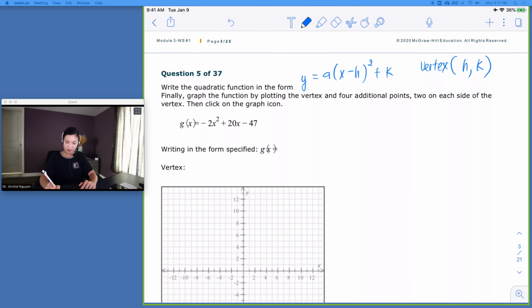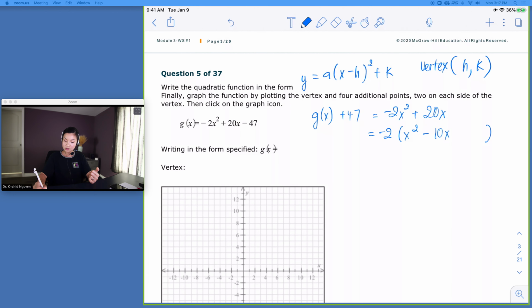Hopefully I have the room. So first I'm going to subtract, I'm sorry, I'm going to add 47. Negative 2x squared plus 20x. And then I factor out negative 2. So I have x squared, and I factor out a negative, so it's going to be negative 10x here.